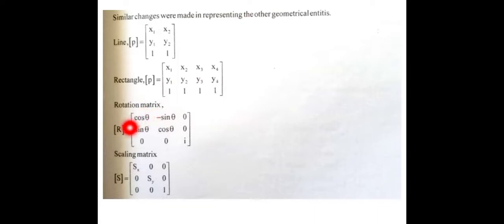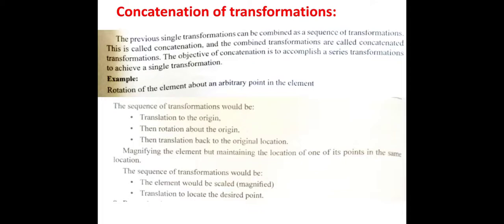The rotation matrix is also changed, cos theta minus sin theta 0, sin theta cos theta 0, 0 0 1, and the scaling matrix is also converted into a 3 by 3 matrix sx 0 0, 0 sy 0 and 0 0 1. These are the changes if you want to convert it into homogeneous transformation. Why this homogeneous transformation is required, we'll see in the concatenation of transformation.